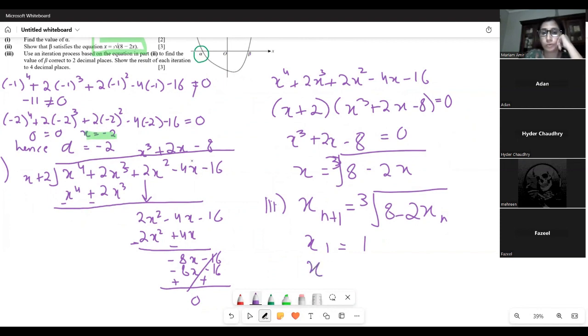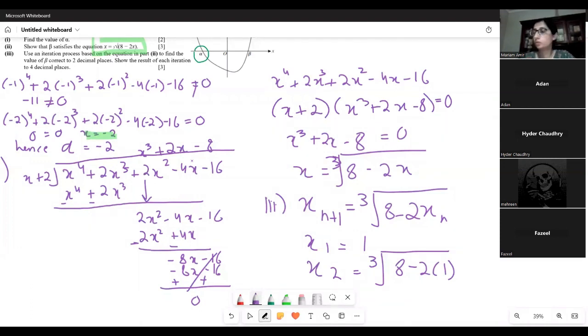So x2 would be, we have to show the first iteration completely, 8 minus 2 times 1. But in the calculator, we'll feed 1 to the answer key, 1 equals to, and then I'm writing cube root of 8 minus 2 times answer.